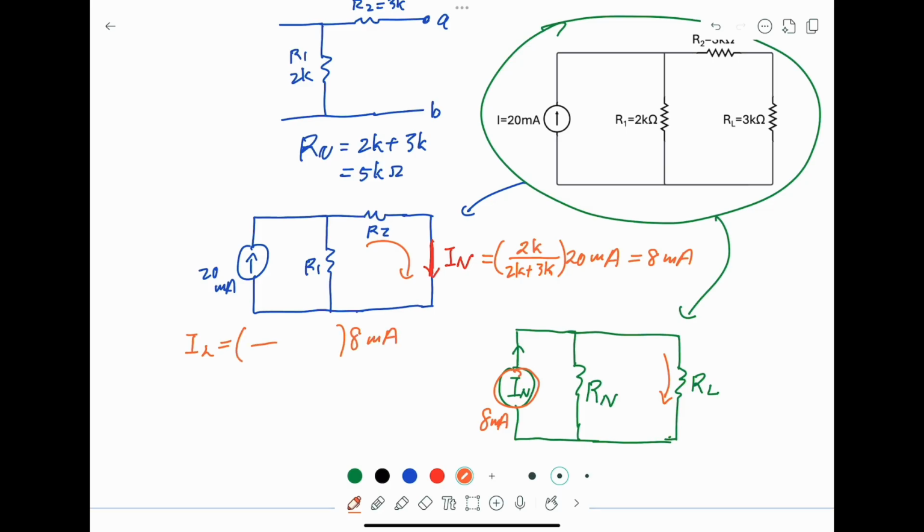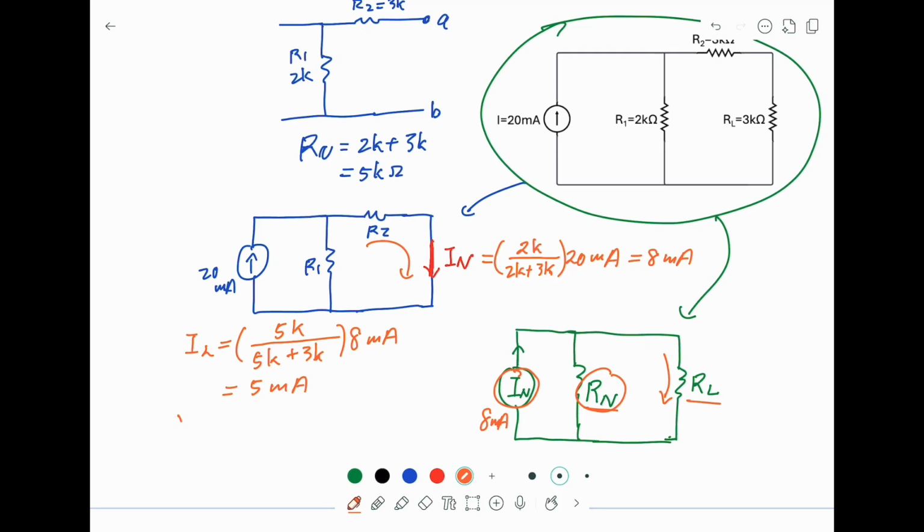The denominator of the proportional constant is the sum of Rn and Rl. It means it is equal to 5k plus 3k. And the numerator is equal to Rn, which is 5k. And the result is 5 milliamp.